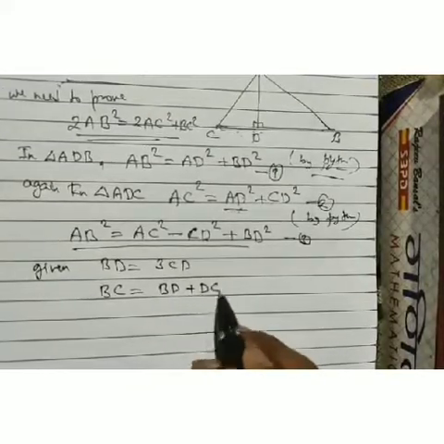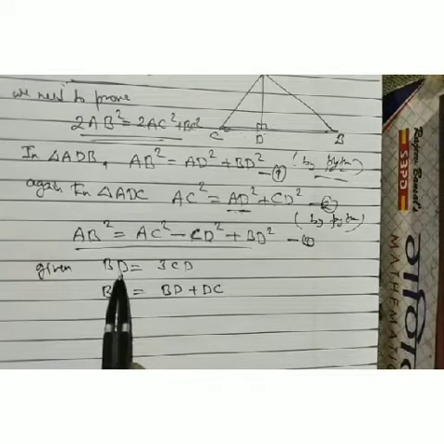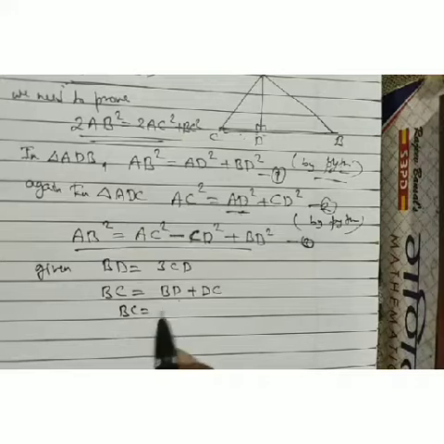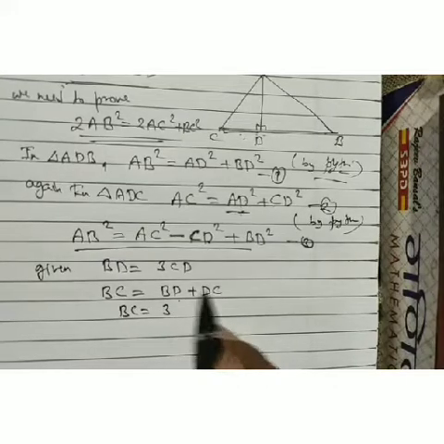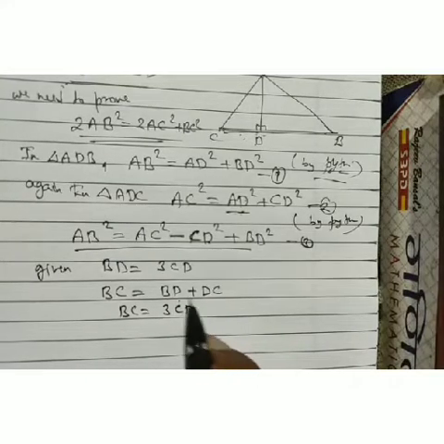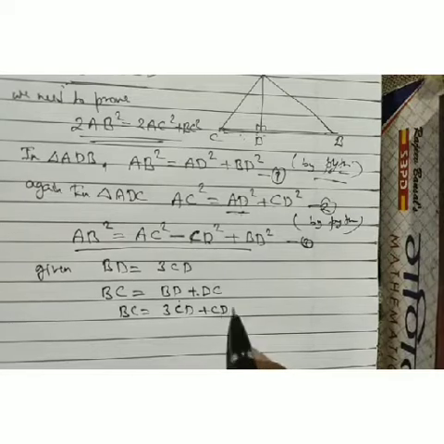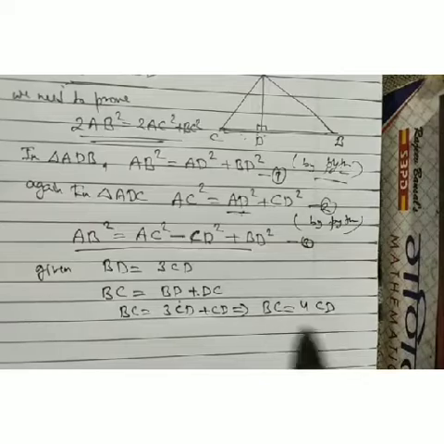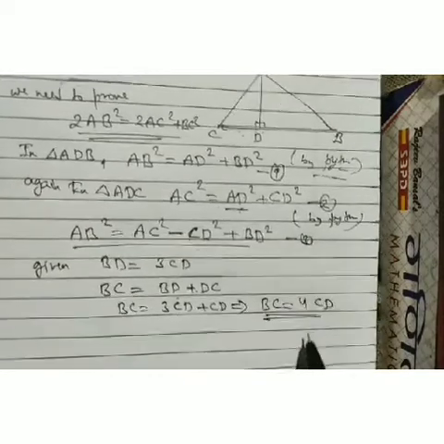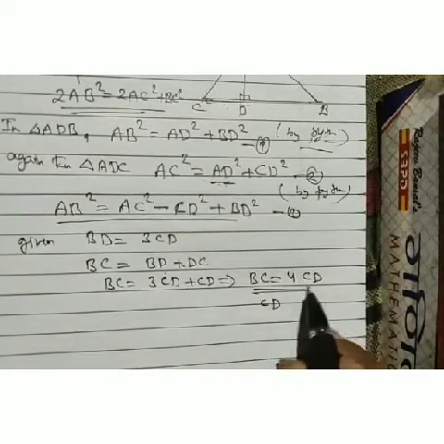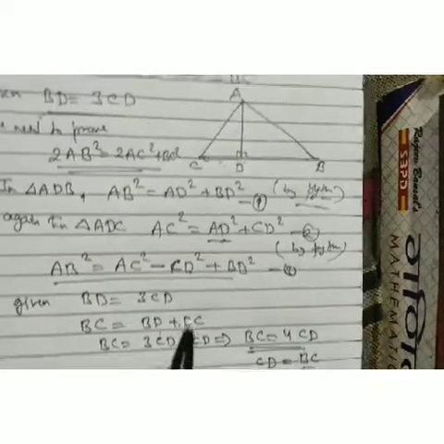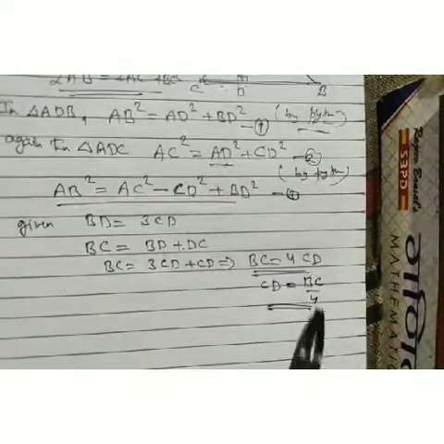When we use BD equal to 3 times CD, then BC equal to 3 times CD plus CD, so BC is equal to 4 times CD. Then CD is BC by 4. Now in place of CD we can put BC by 4.